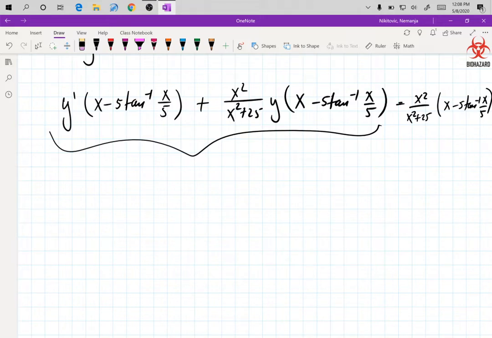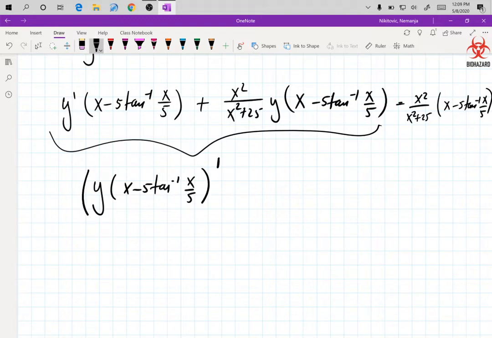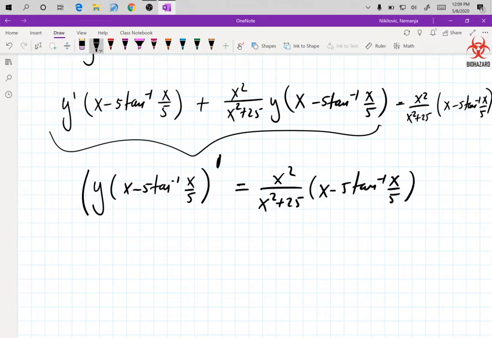There you go. So at this moment I am scrapping this, because once this combines into y times x minus 5 inverse tangent of x over 5, the derivative is equal to x squared over x squared plus 25 times x minus 5 inverse tangent x over 5.